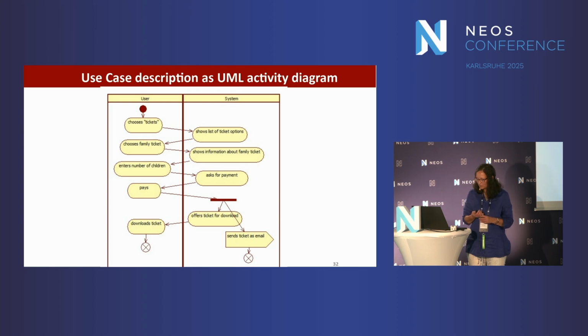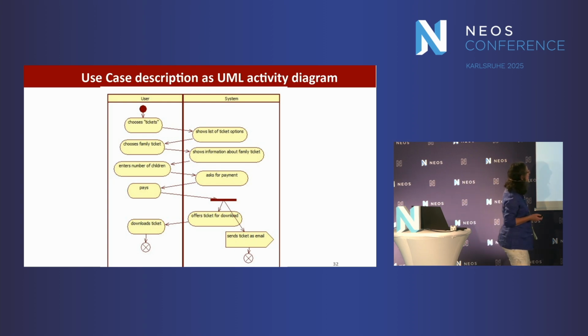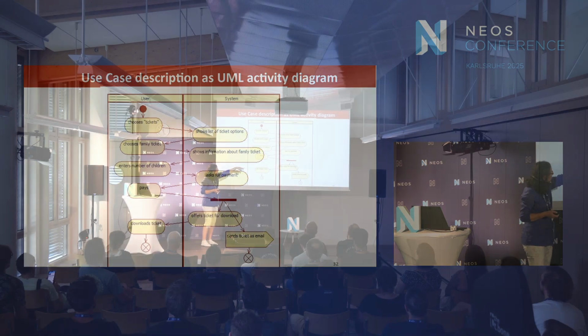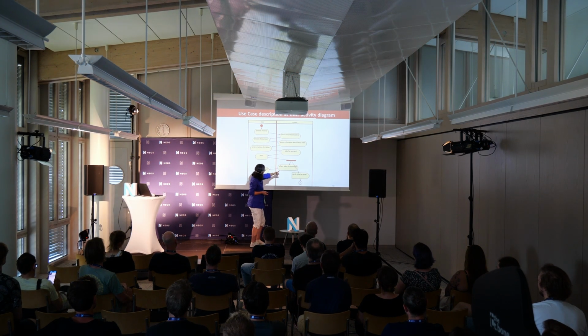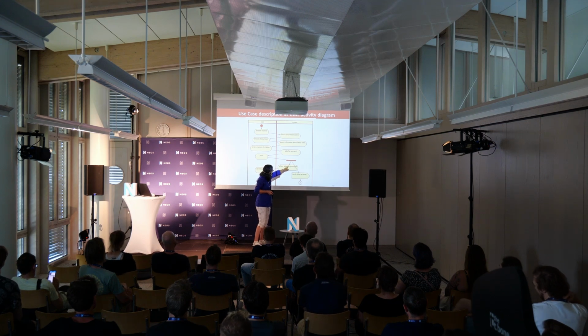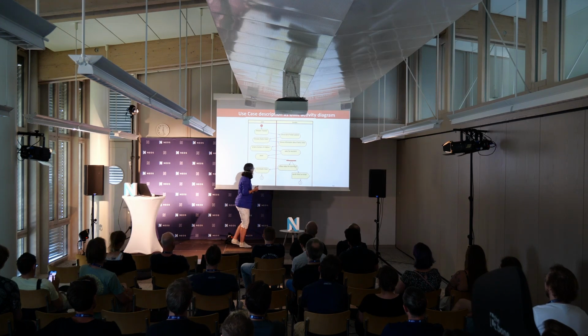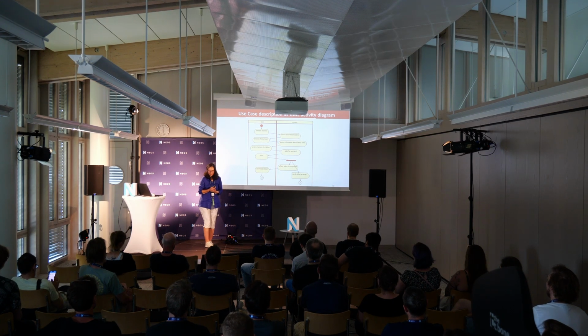What I prefer to the textual presentation is also the graphical. So here a UML activity diagram with almost exactly the same content. Difference is that here we can present that we can do this in parallel. We can send out the ticket while the user is downloading the ticket from the website.